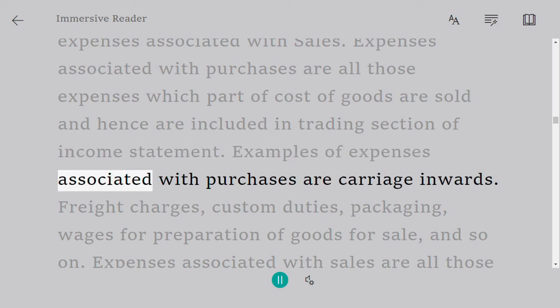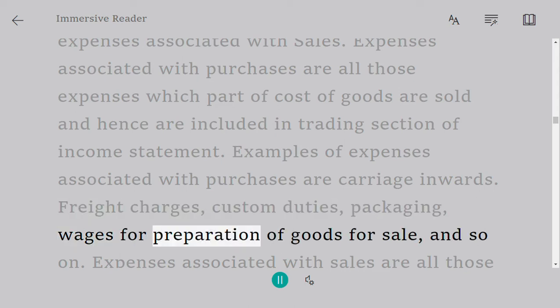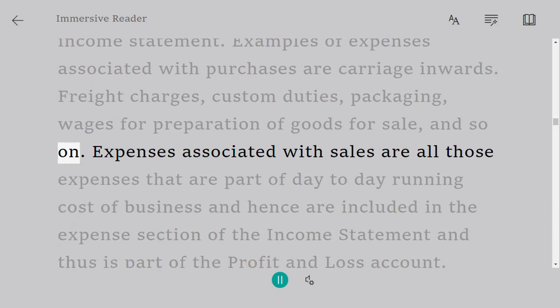Examples of expenses associated with purchases are carriage inwards, freight charges, custom duties, packaging, wages for preparation of goods for sale, and so on.